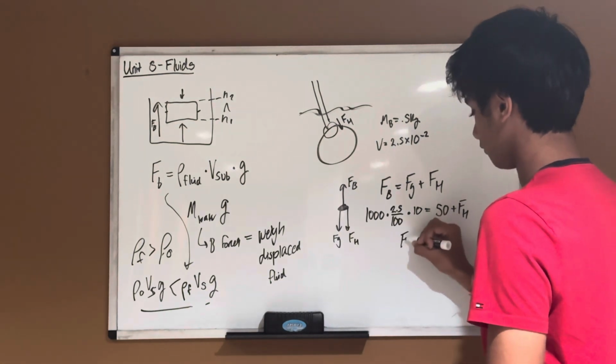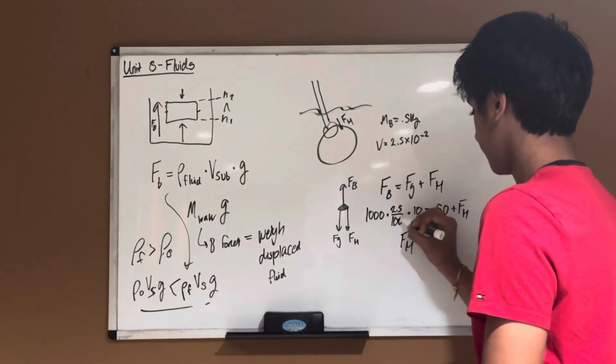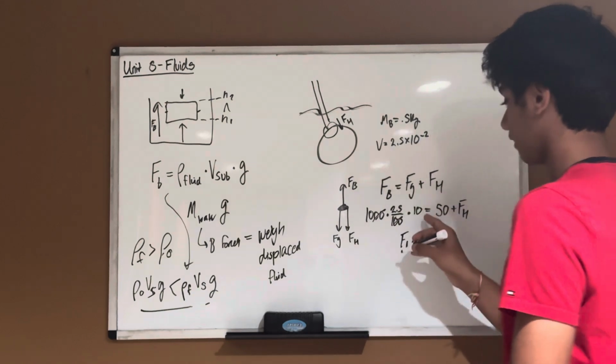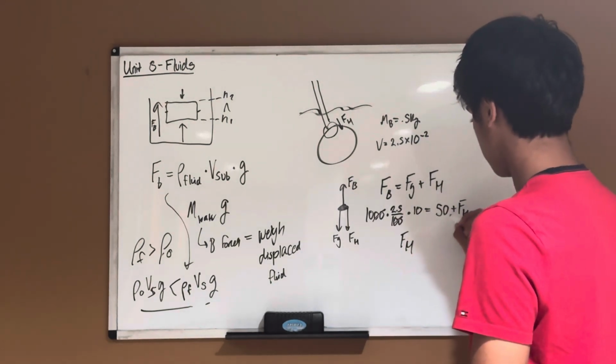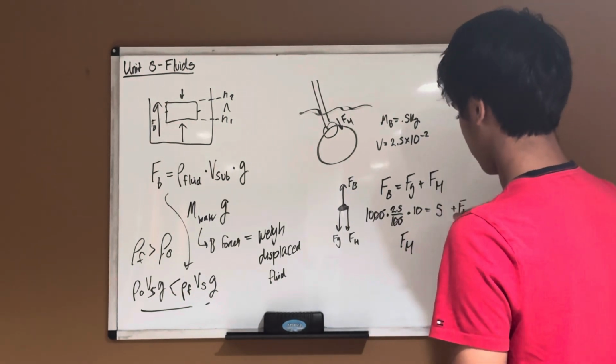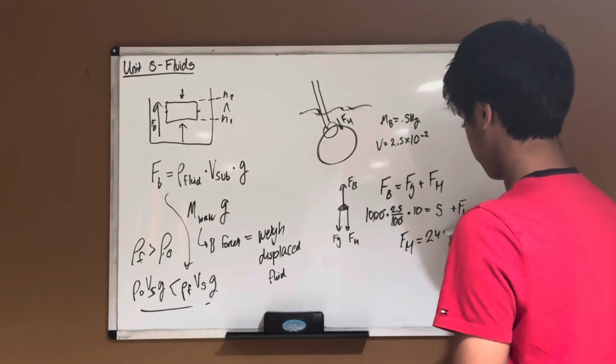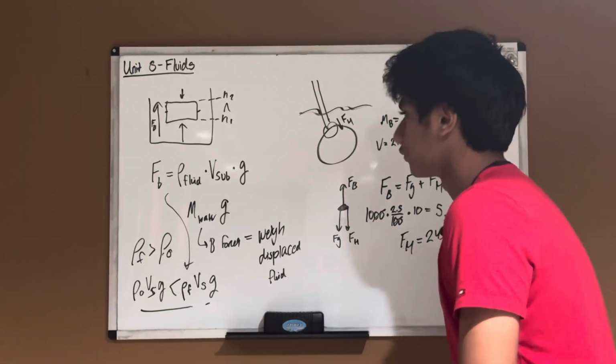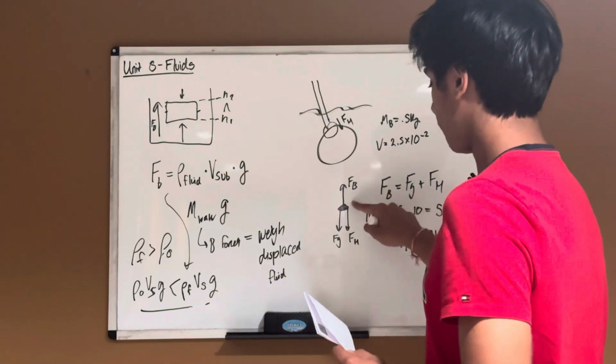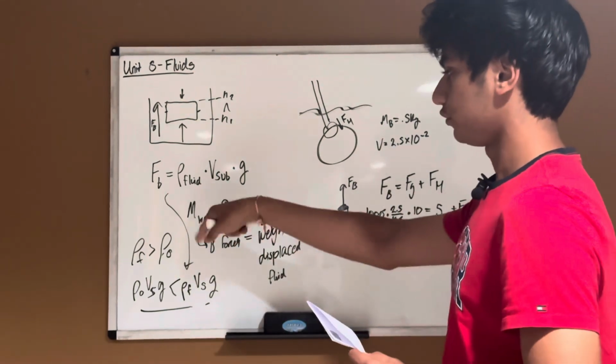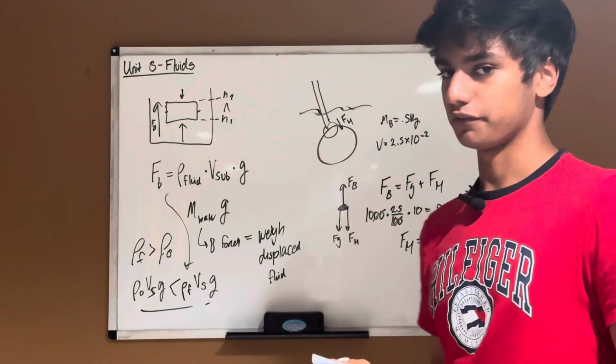And from here, we can just solve for force of hand, and we'll get 250 minus 5. Force of hand is 245 newtons. So again, the process for these types of problems: free body diagram, sum the forces, and then use the formula to figure out whatever you're looking for.